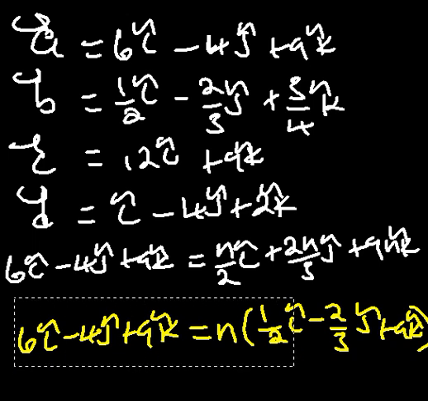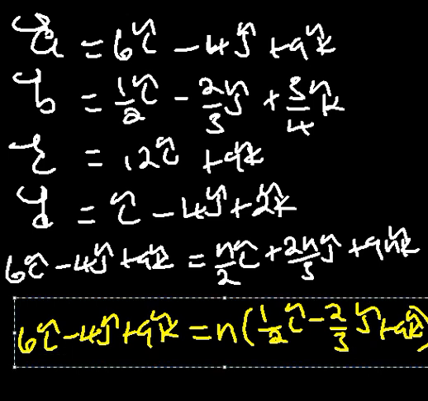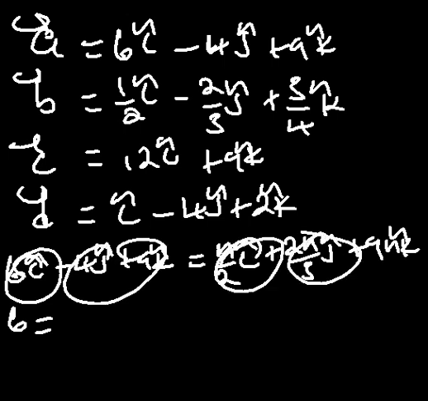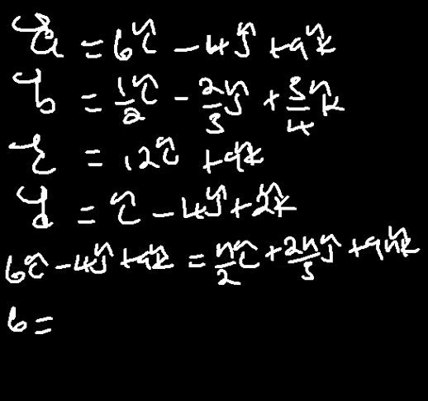Then we have to equate the components of these vectors. The i component equals its corresponding i component, and we solve for n. So 6 is equal to n over 2, which gives n equal to 12.